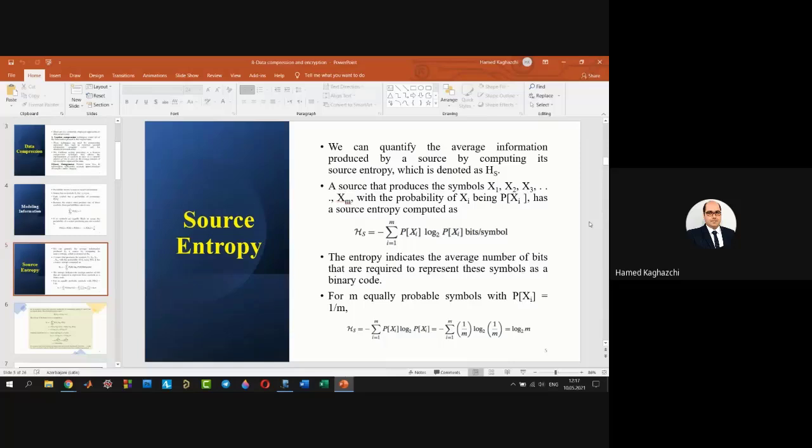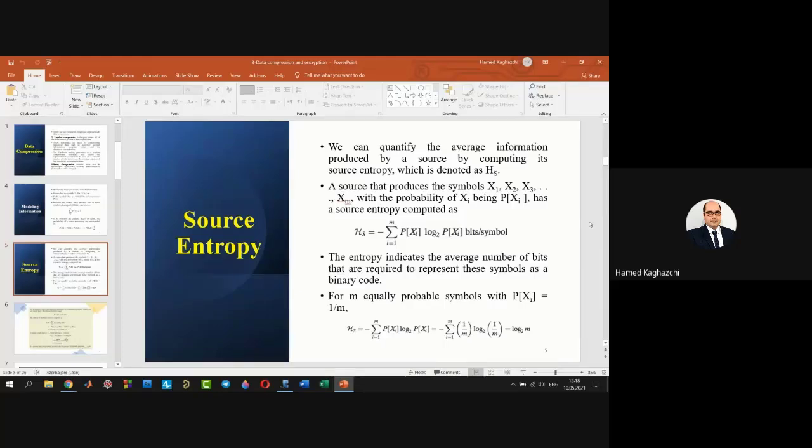Now let's talk about the source entropy. What is the source entropy? Actually, for some reasons, we need to quantify the average information which is produced by the source. This task is done by calculating the source entropy.